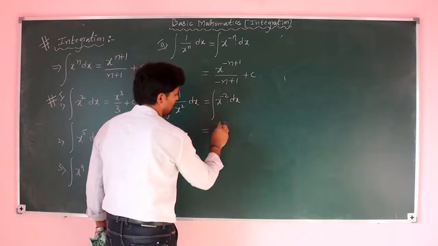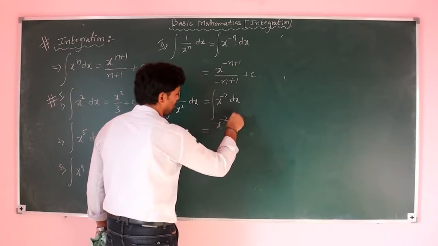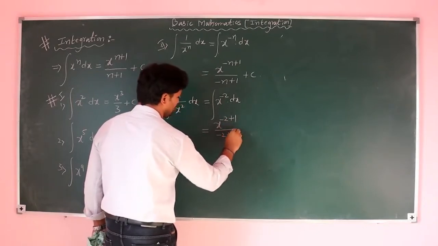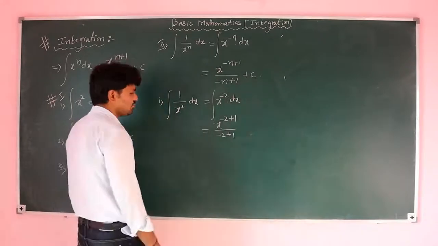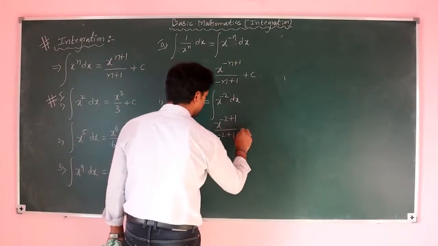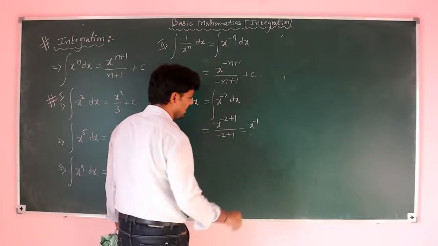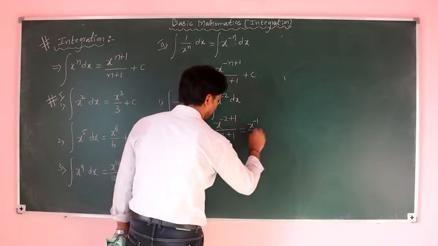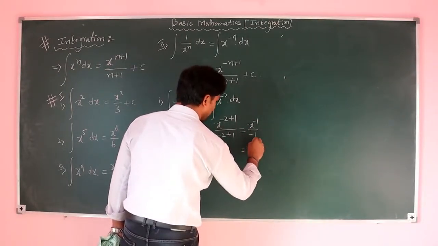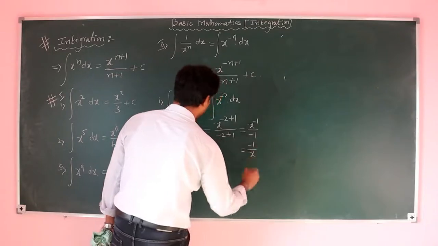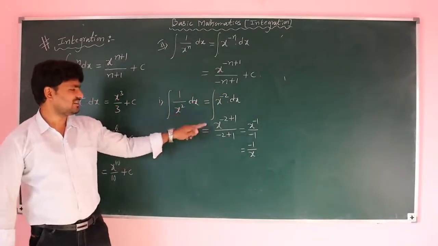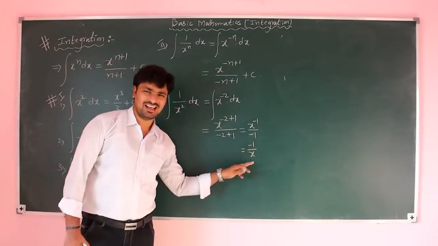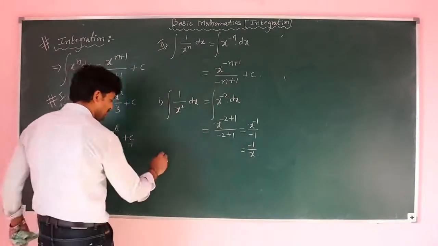How much are you getting? x to the power of minus 2 plus 1 by minus 2 plus 1. Minus 2 plus 1 gives x to the power of minus 1 by minus 1. So finally you get minus 1 upon x. That is the integration of 1 by x square dx: minus 1 upon x.